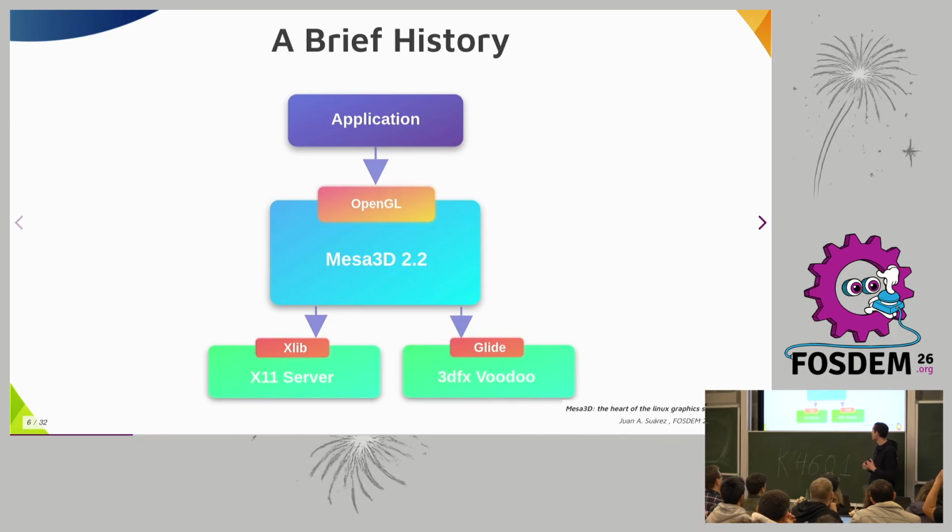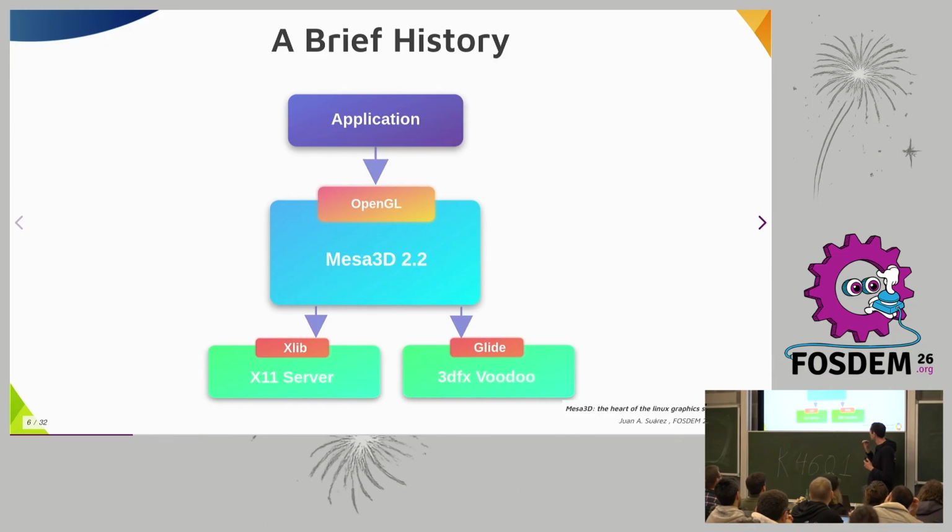So, just as Mesa translated OpenGL to XLib, it was extended to use Glide. This was in Mesa 2.2, and it was the first popular accelerated OpenGL driver, so people could use OpenGL applications really accelerated.